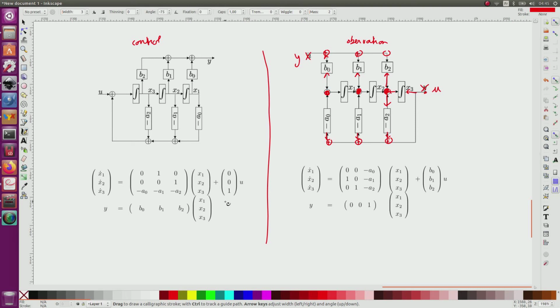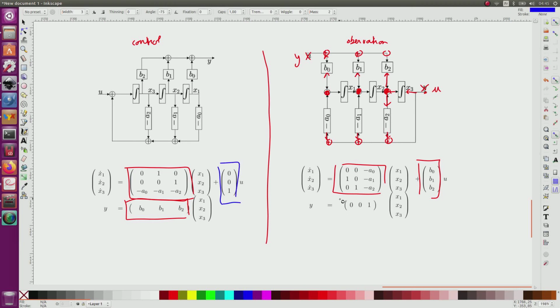Now from the structure of the state representation, I can see that this matrix is the transpose of this one. Then this matrix corresponds to this one transpose, and this matrix corresponds to this one transpose.